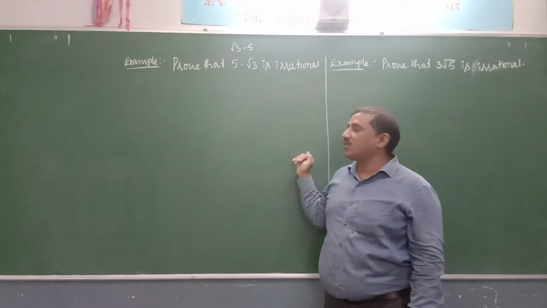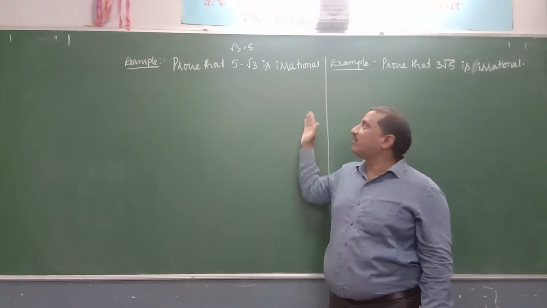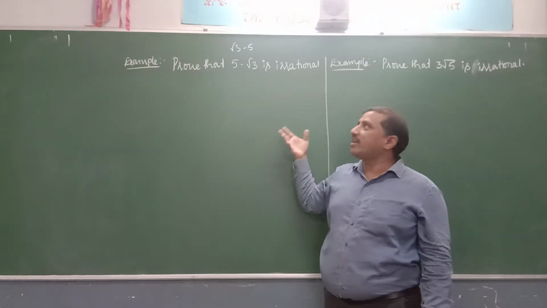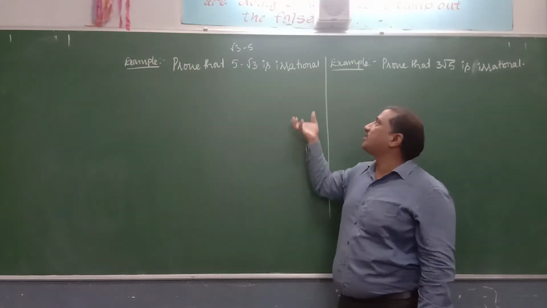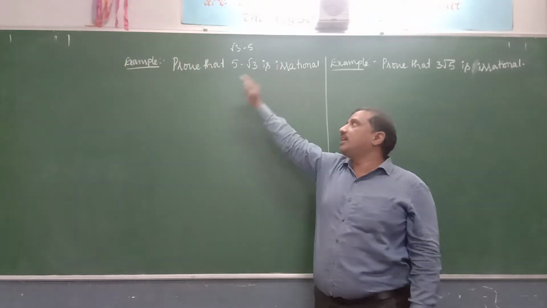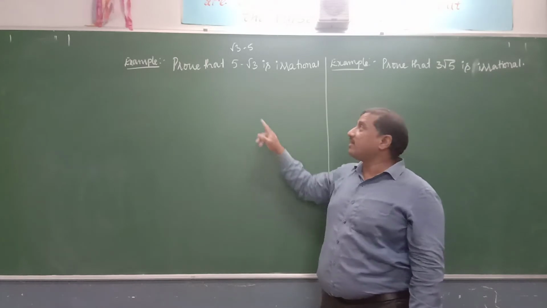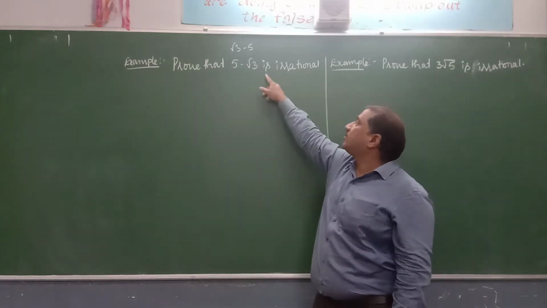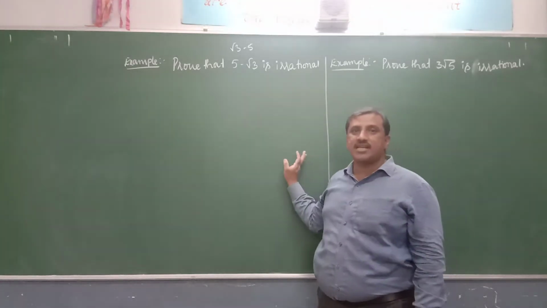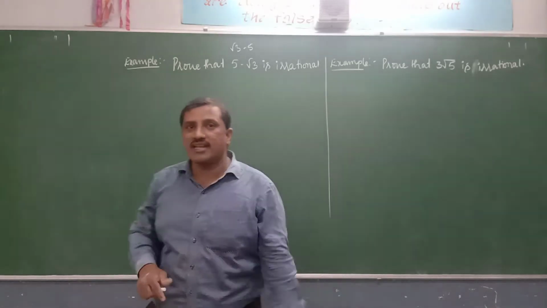In the last class we discussed how to prove root 2, root 3, root 5 and root 7 are irrational numbers, so we know how to prove. In the examination, if they ask you to prove that 5 minus root 3 is irrational, you have to first prove root 3 is irrational, then prove 5 minus root 3 is irrational. If it is given that root 3 is irrational, then directly you can do it. Here we already discussed root 3 is an irrational number.